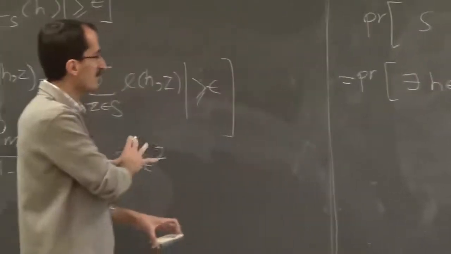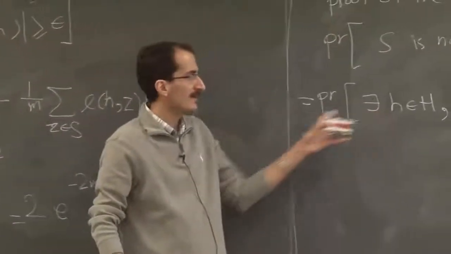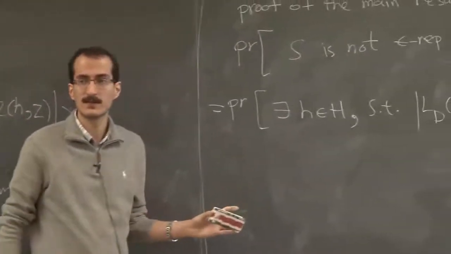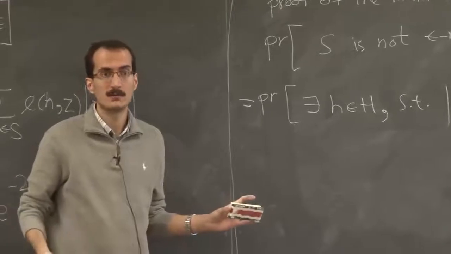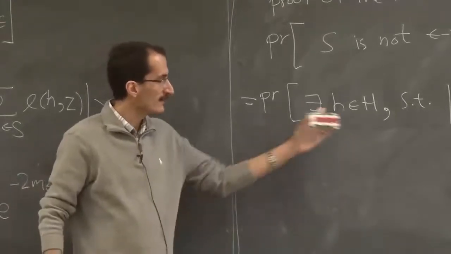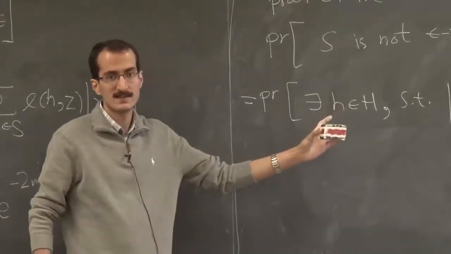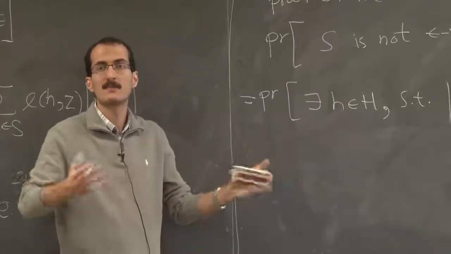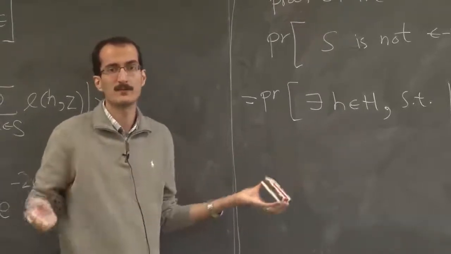So somehow I have proved it for a single one now, but I have many hypotheses. What can I do here? I use the union bound. The probability that one of them fails is at most the sum of the probabilities that each one of them fails.